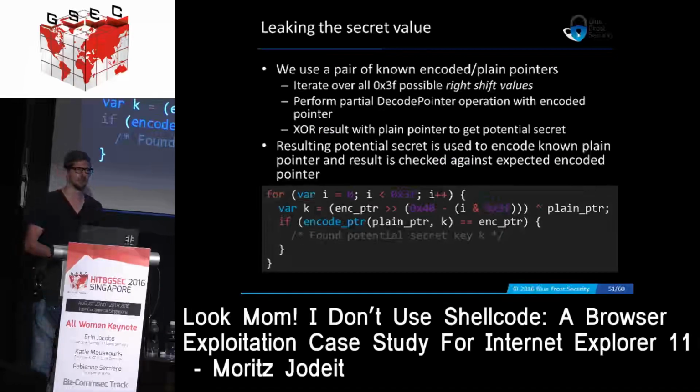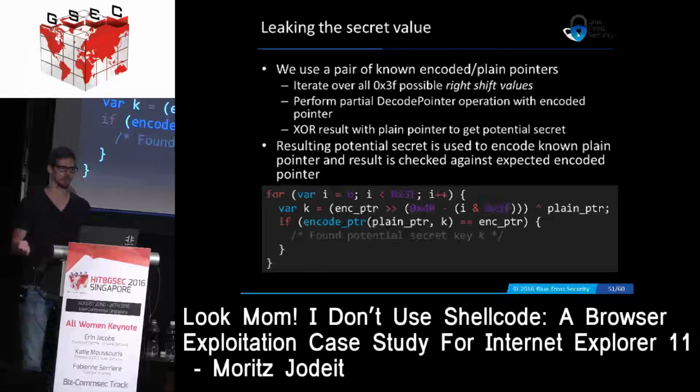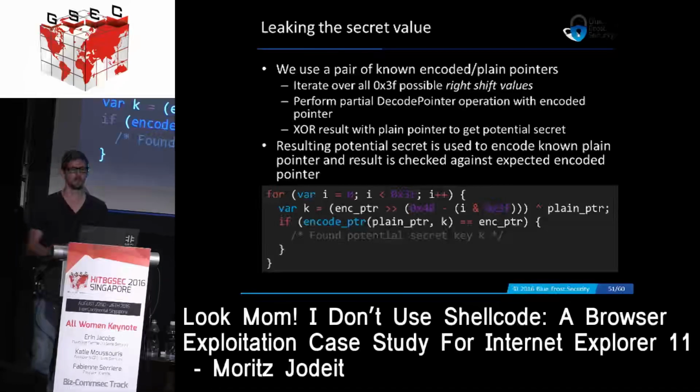So in the end, what we do is we obtain a pair of a known encoded pointer and the corresponding plain pointer from memory. Then we iterate over all the 3 possible right shift values, and we perform a partial decode pointer operation on the encoded pointer from our pair. The result of that we XOR with the known corresponding plain pointer, which gives us a potential secret value.